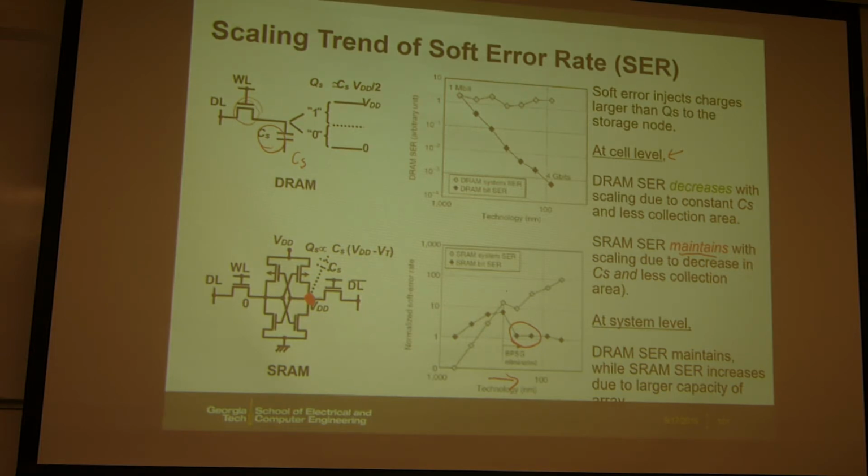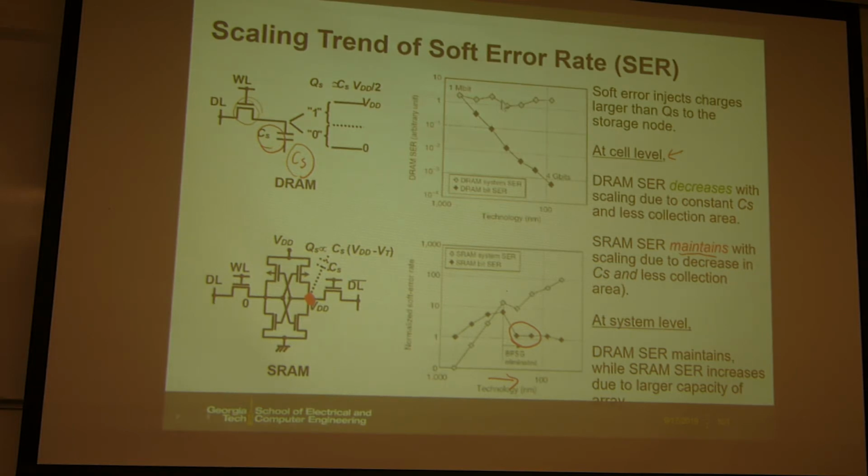But the critical thing here is the capacitor in the DRAM, one transistor one capacitor. That capacitor's capacitance does not scale. So at a smaller technology node, relatively you have larger capacitance in the DRAM. That means you can hold relatively more charge on the DRAM capacitor compared to the charge generated by the electron-hole pair generation due to the strike.